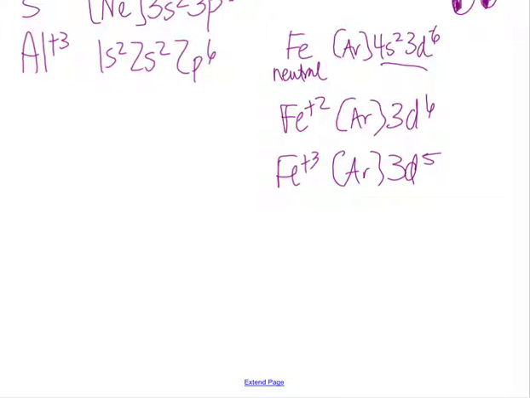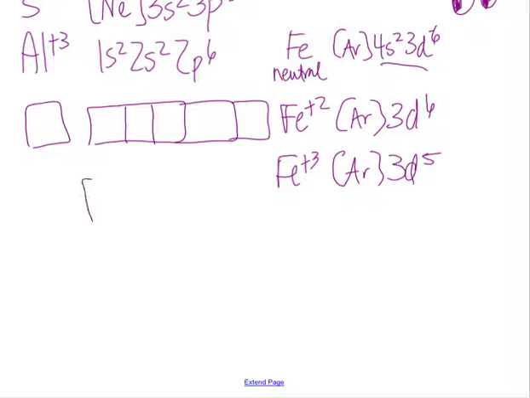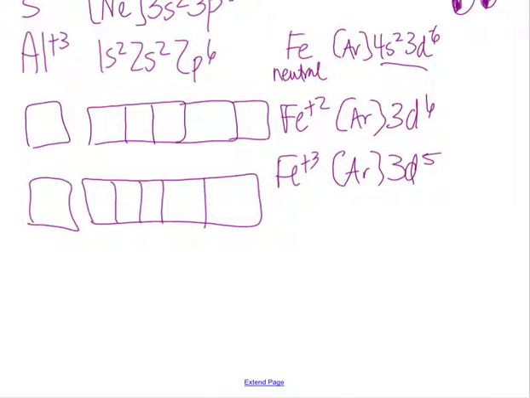Y'all see that? Why this is cool, if you think about it, it's D's. 1, 2, 3, 4, 5. 1, 2, 3, 4, 5. This is kind of cool if you look at it this way.